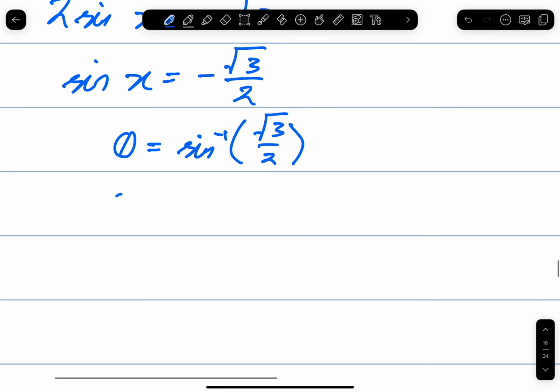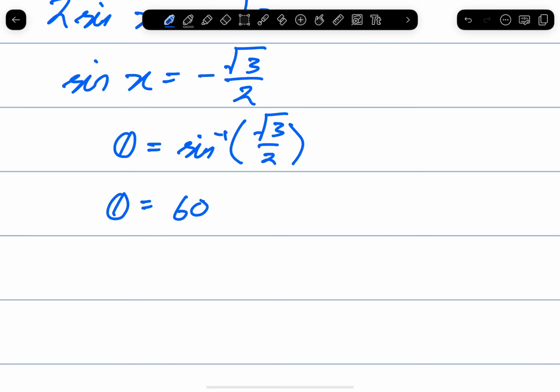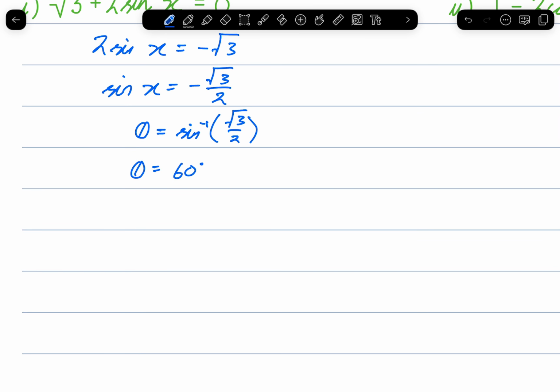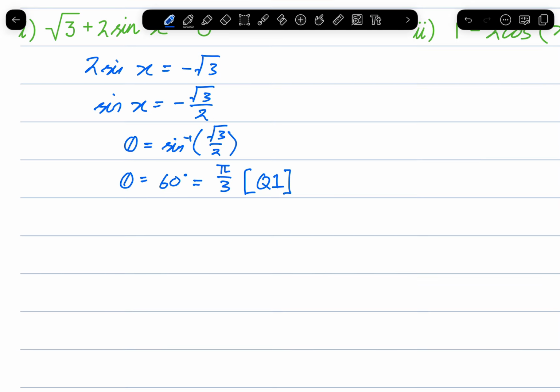So theta equals 60 degrees. If you want to work this with radians immediately, that's going to be pi on 3. Now, notice that this is quadrant 1, so I'm going to write this as quadrant 1.